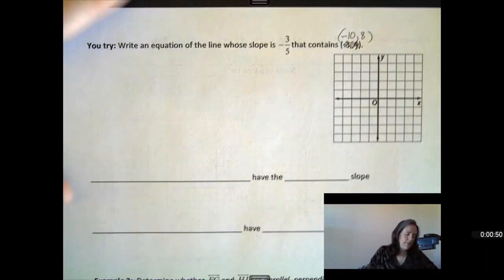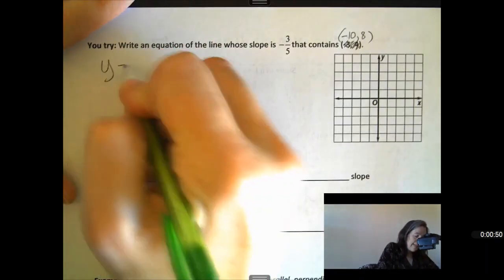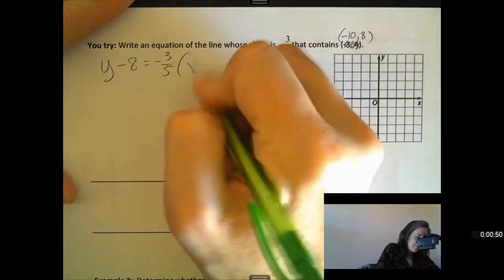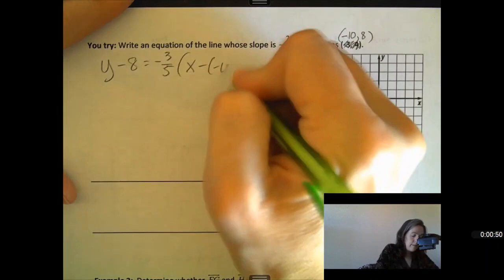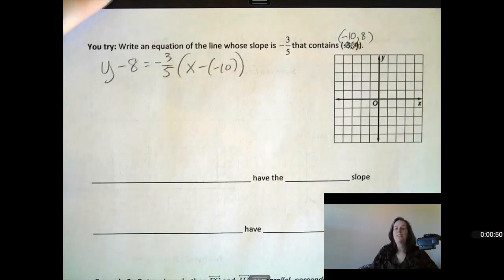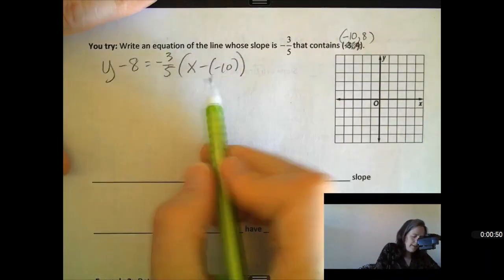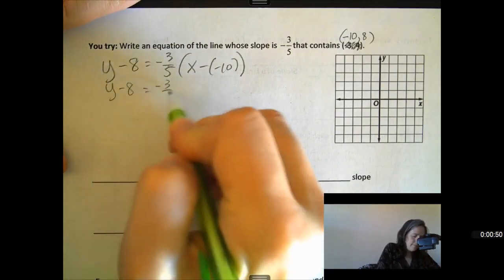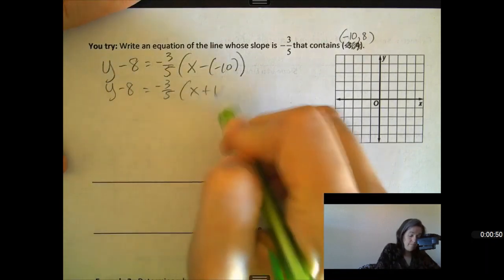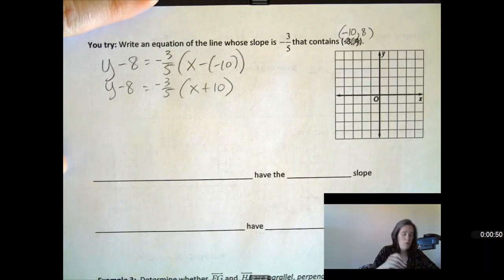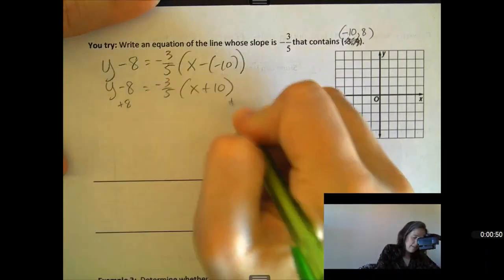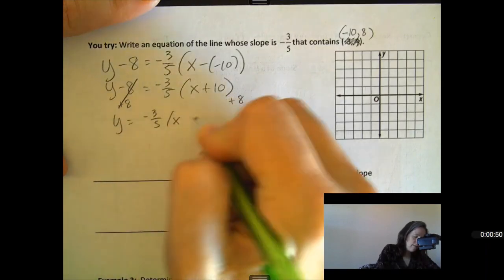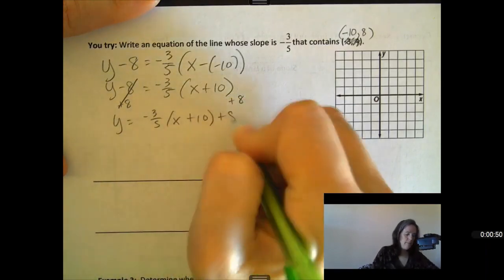All right, let's check. So we've got y minus 8 equals -3/5 times x minus -10. Okay, that should be your setup. I think I'm going to simplify this first. x plus 10, minus a negative. Then I'll move my 8. y equals -3/5 x plus 10 plus 8.